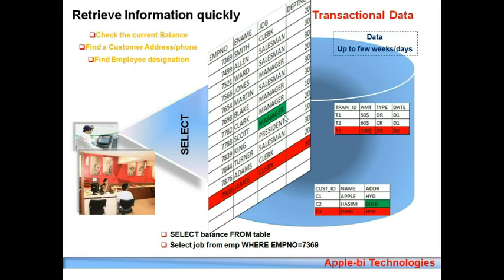So if you expect to check your balance very quickly, I need to keep only small volumes in these tables. If I keep terabytes or petabytes of data in these tables, checking your balance will be very, very slow. That's why, to make activities faster, transactional systems generally keep data for only the last 1 week or 15 days.